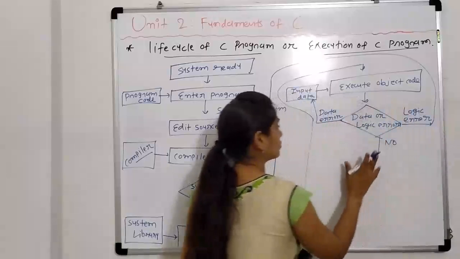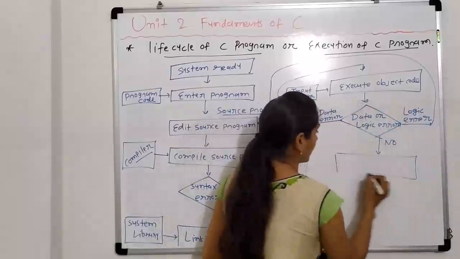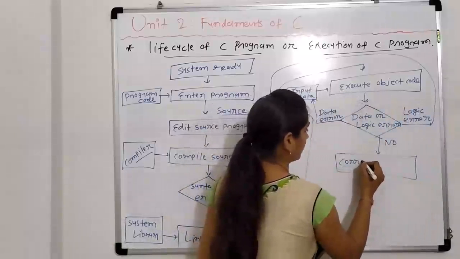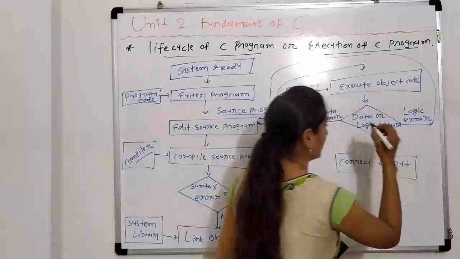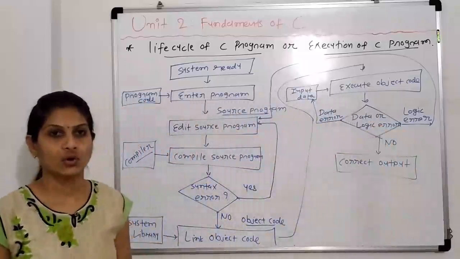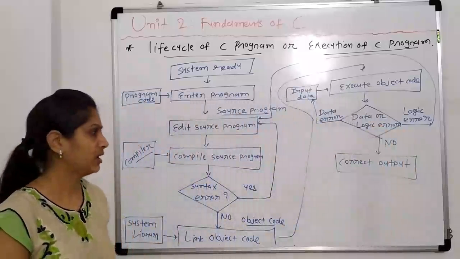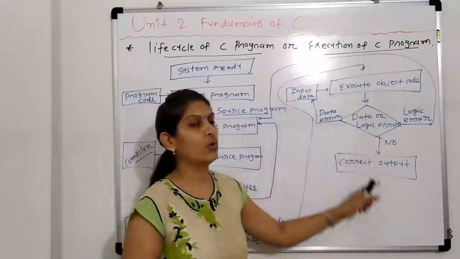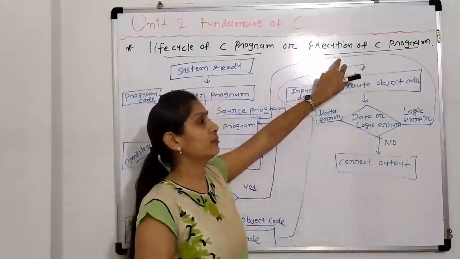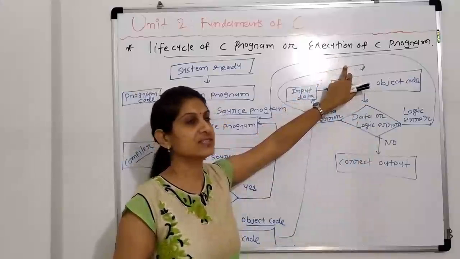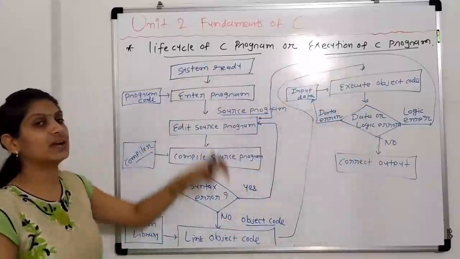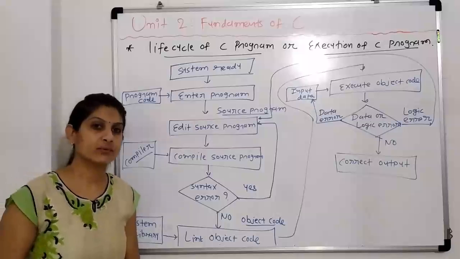And suppose there is no error, then the final correct output will be displayed on our console, on our black screen. So this is nothing but the flow of how a C program will be executed, that is the execution of a C program, or we can say the life cycle of a C program.